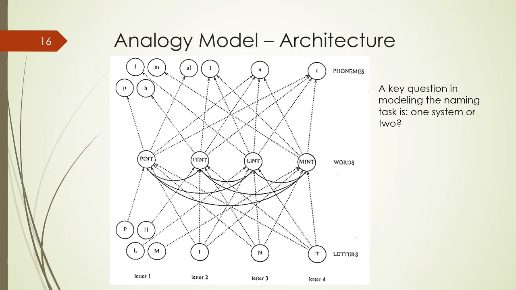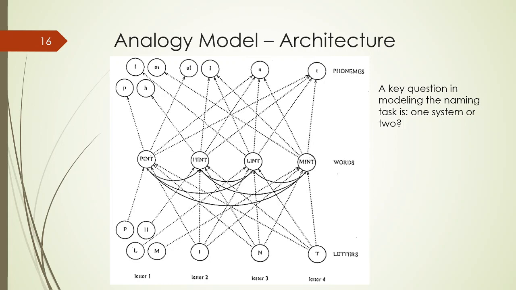Now, if you read the Kawamoto 1994 paper, you will see a theme that we're going to be addressing in Unit 2, which is one of the key debates in naming research, and in particular on the theoretical, cognitive theory side of naming research. This is the notion of one system or two. One system or two for naming regulars and exceptions.